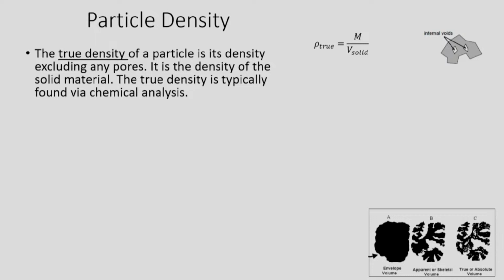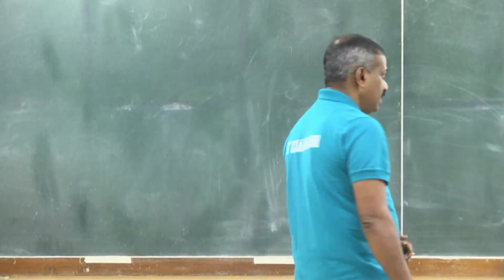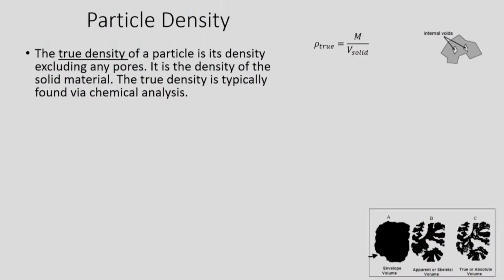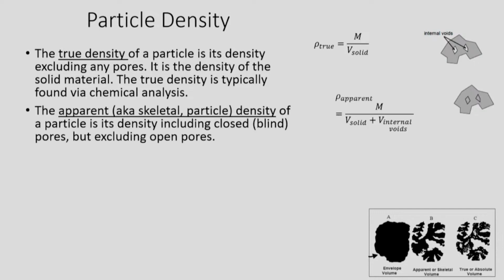So the only way you can get true density is by chemical analysis, or you have to grind it to maybe submicron level powder, and then you can get a little more accurate true density measurement. But in general, you may not be able to get the accurate volume unless you are using chemical analysis.